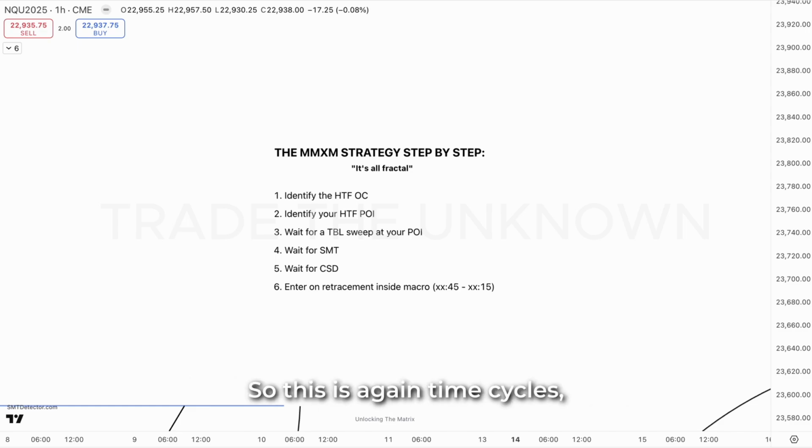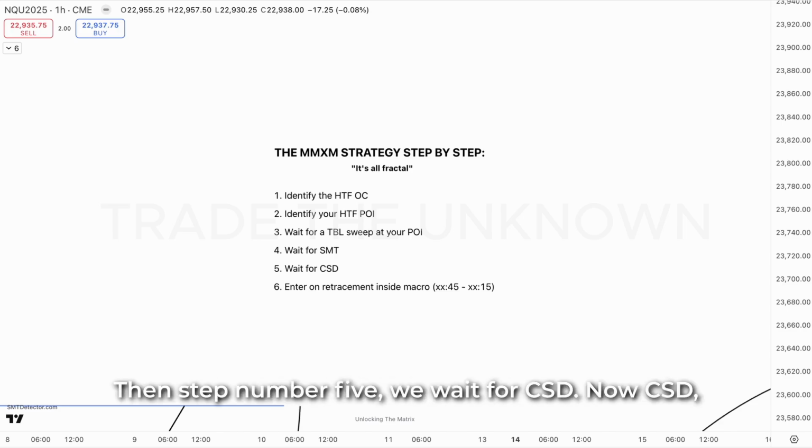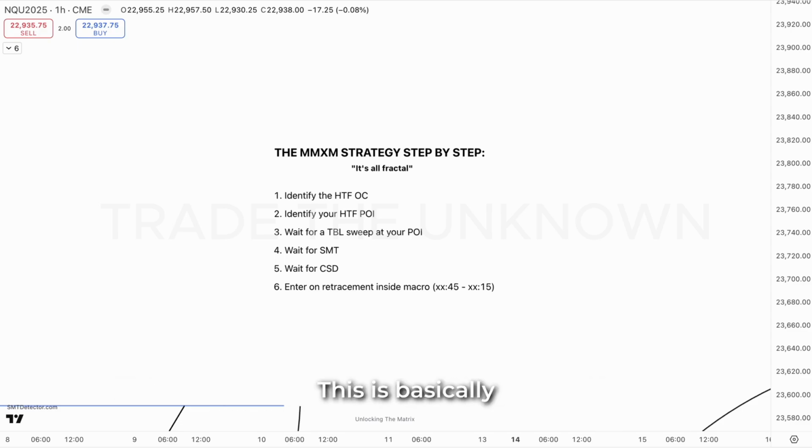So this is, again, time cycles. We're sweeping a time cycle liquidity. You then wait for price to provide an SMT, which I've also talked about in a previous video. If you don't know what I mean by that, I highly suggest you go watch it. Then step number five, we wait for CSD. Now CSD, that will be our change in the state of delivery. This is basically the moment where price shifts from a sell to a buy or a buy to a sell model. And we can see that it's being confirmed through our CSD.